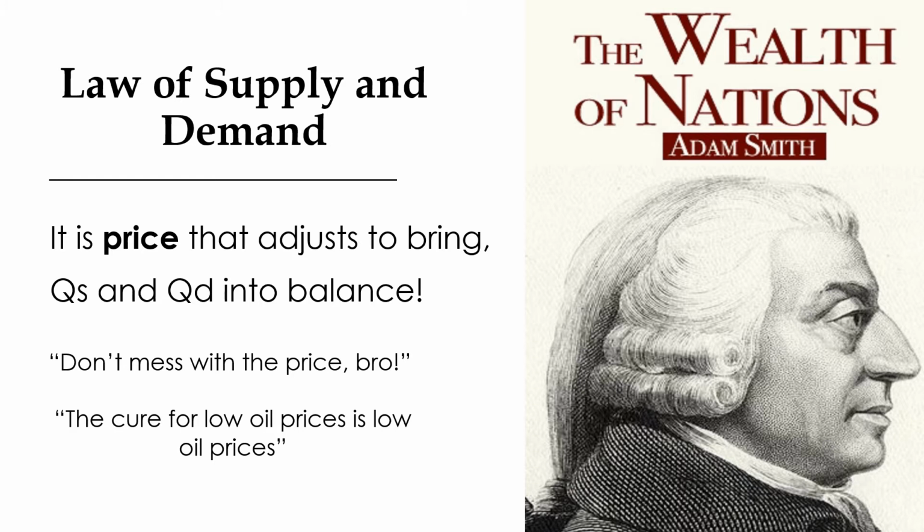Adam Smith in 1776 postulated the question: about 1 million people lived in London, almost 1 million people. Who is it that makes sure that enough food is delivered to London and that it is distributed appropriately across the city?